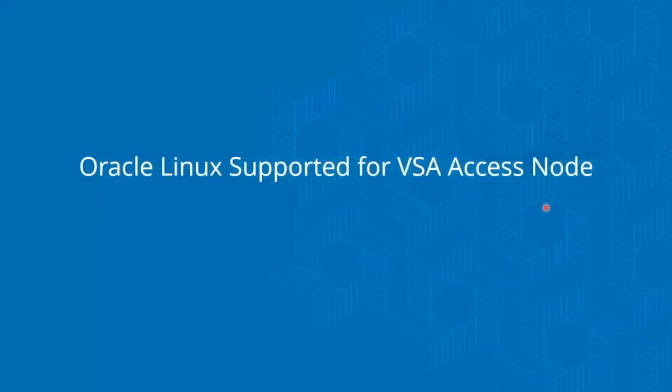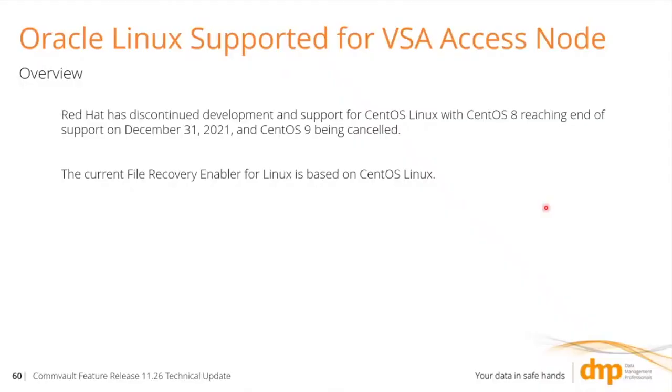And then there's an update on the Oracle Linux support for virtual server access nodes. The reason for that is that Red Hat has discontinued the development and support for CentOS Linux, with CentOS 8 reaching end of support on December the 31st of last year. And CentOS 9 is being cancelled.